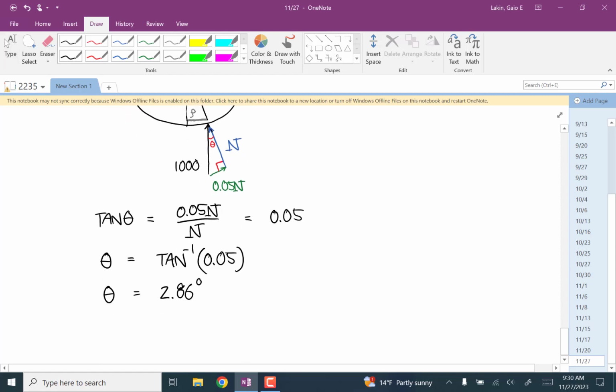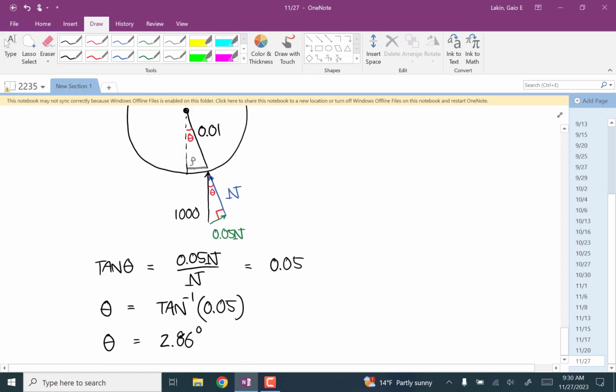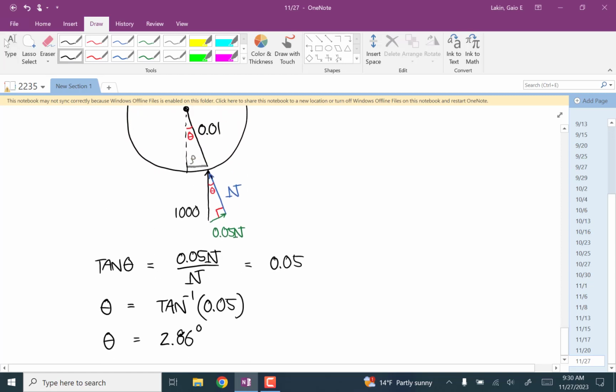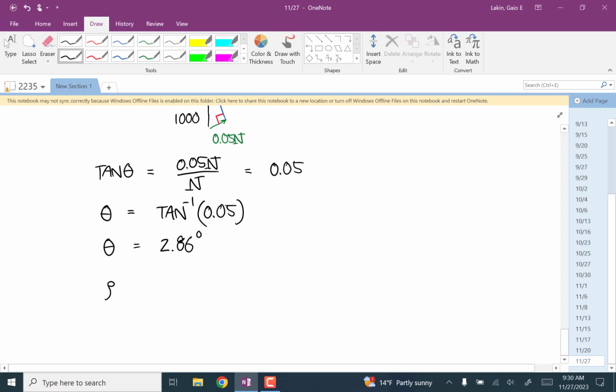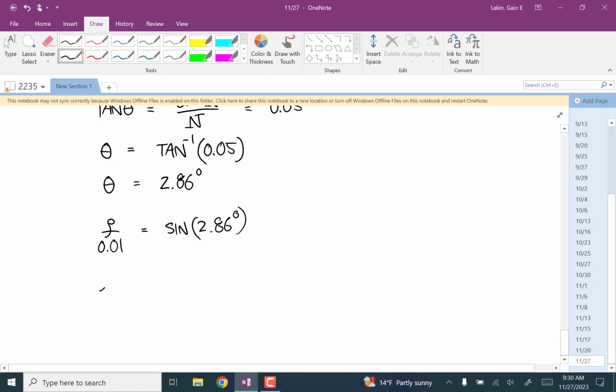And so rho over 0.01 is the sine of 2.86 degrees. And so rho is equal to 0.01 sine of 2.86 degrees.